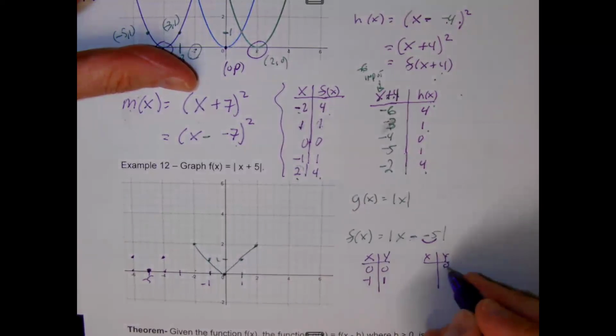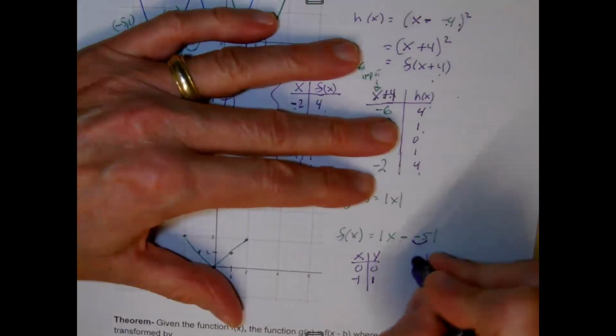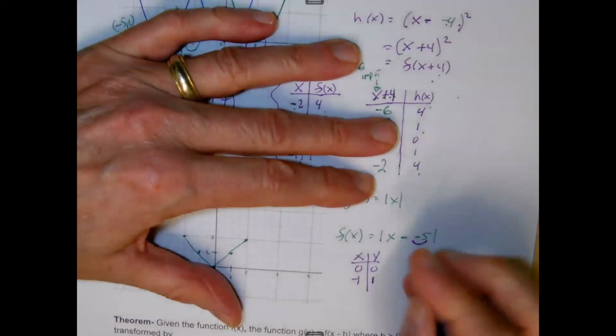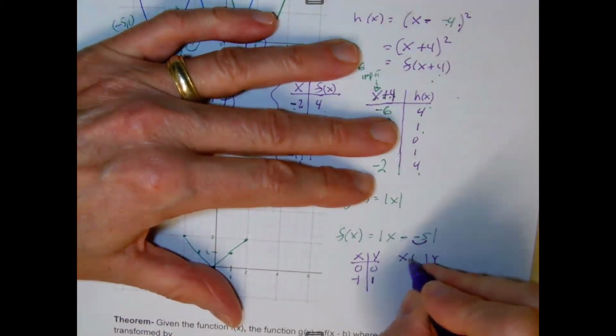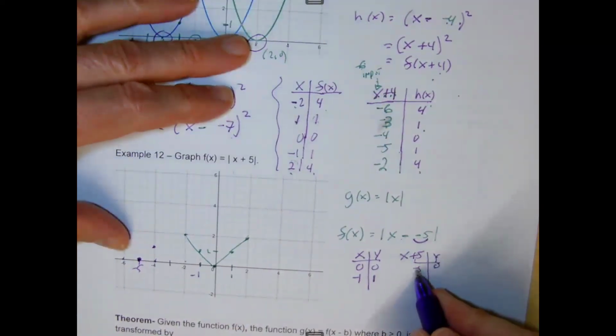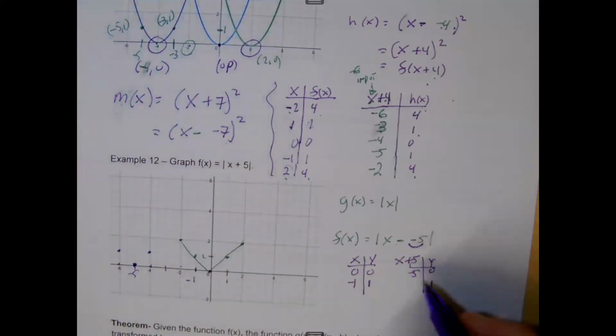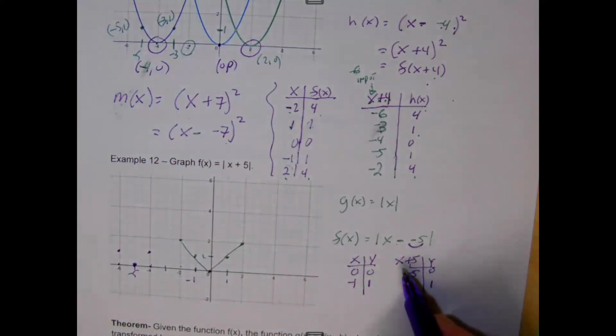That's my original one. This new one, again, what is the new one? Let me write this a little differently. The new one is this. So when you think about the new one, it says, what do I need to enter into this? I want an input so that when I go x plus 5, I get a 1 coming out of here.